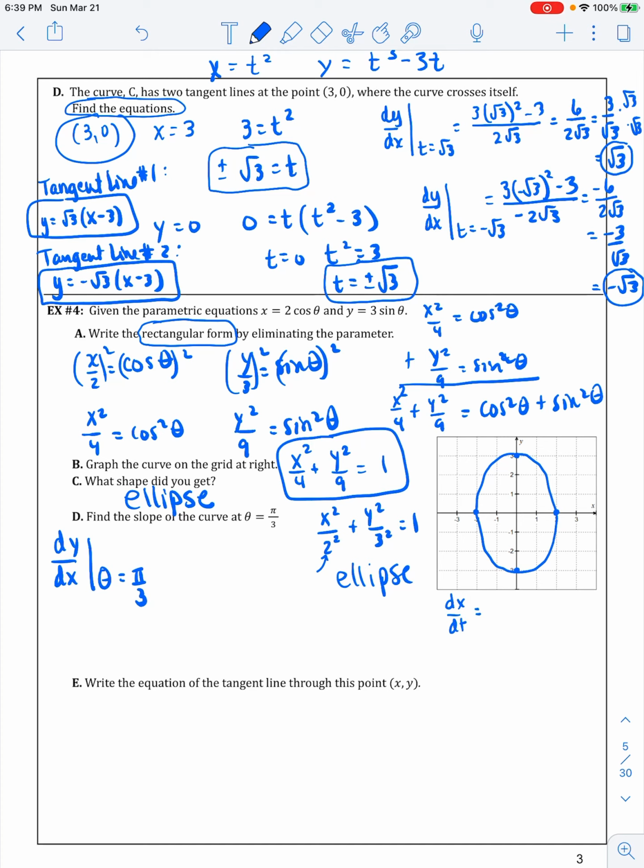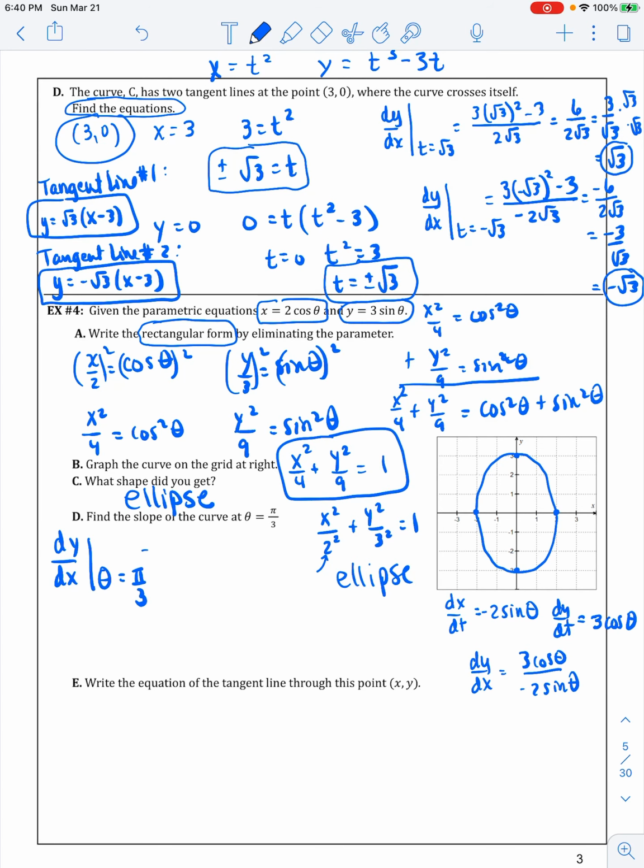My dx dt from this equation right here is going to be negative 2 sine theta, sorry. And my dy dt from this equation right here is positive 3 cosine theta. Did you catch me? So our dy dx should have been 3 cosine theta divided by negative 2 sine theta.